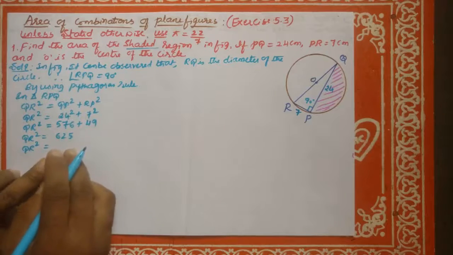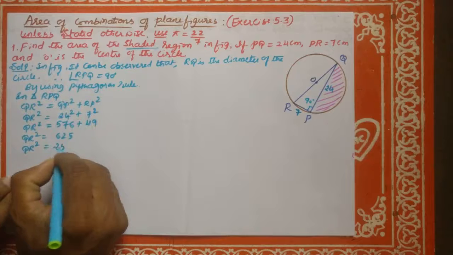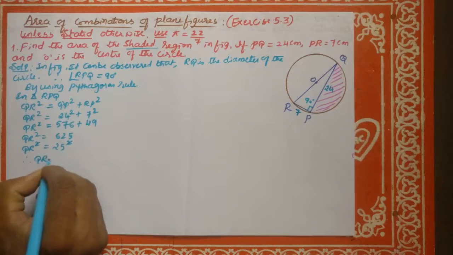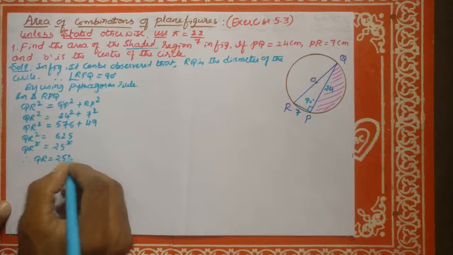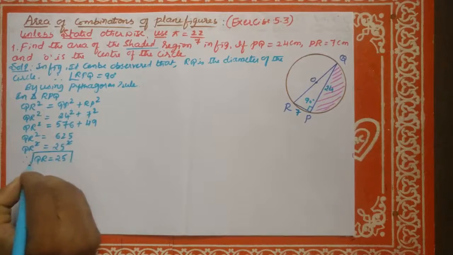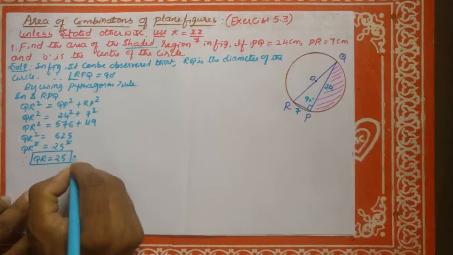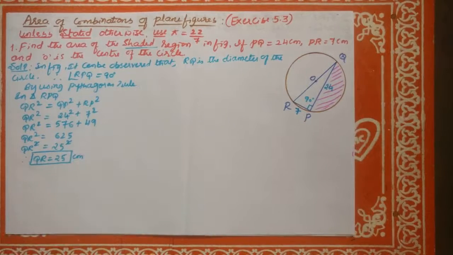It is the square of 25. The squares cancel. Therefore QR is equal to 25 centimeters.